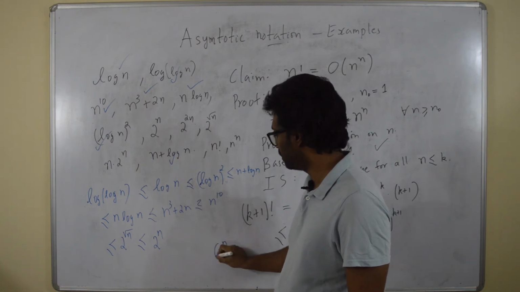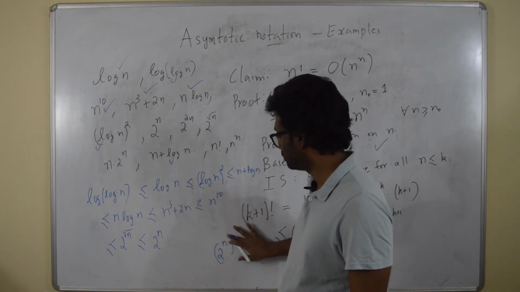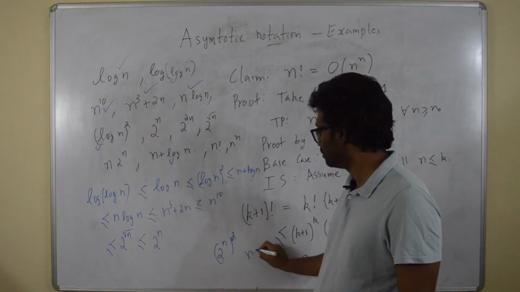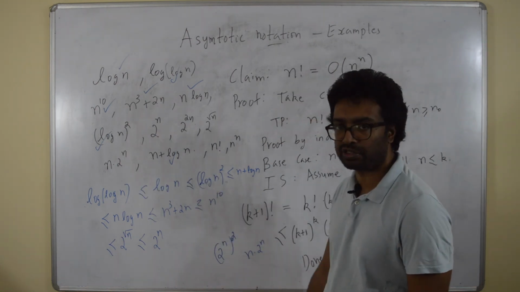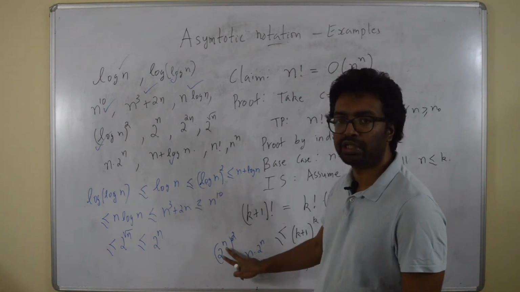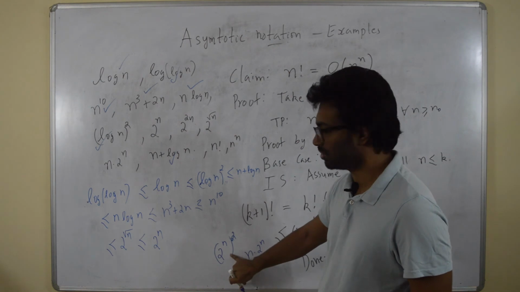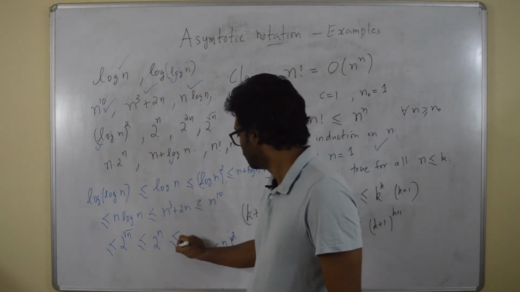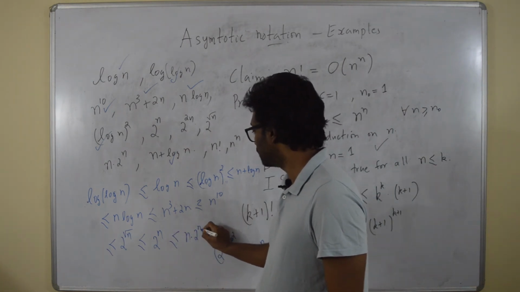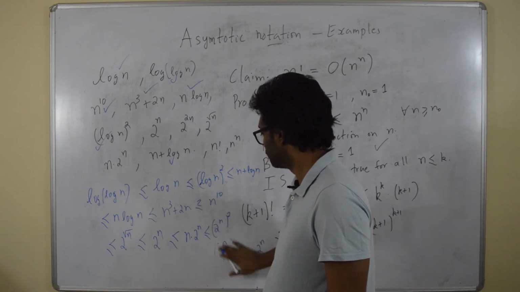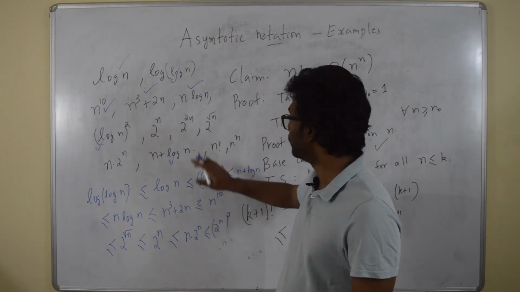That is 2 raised to n, the whole square, right? And this is n into 2 raised to n. So this is 2 raised to n into 2 raised to n. This is n into 2 raised to n. What is it you are going to see? This has to be bigger, right? So therefore n into 2 raised to n is less than or equal to 2 raised to n square, or 2 raised to 2n.